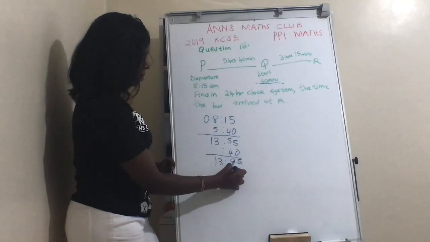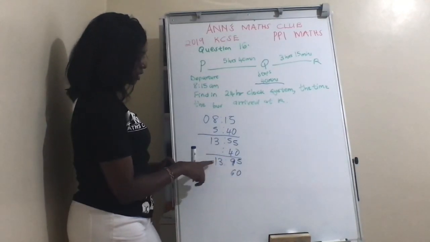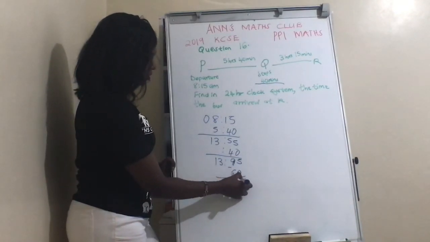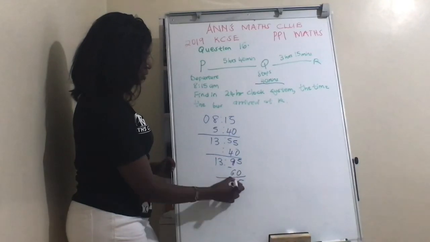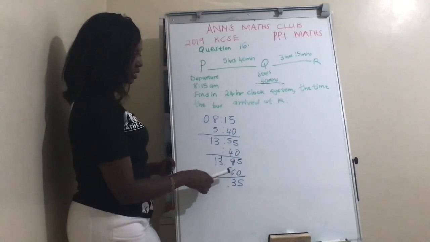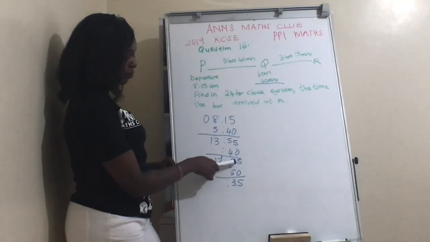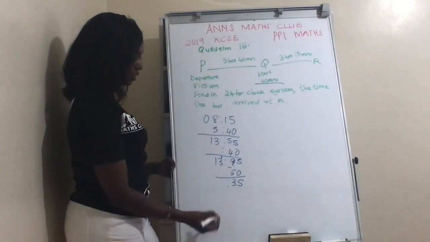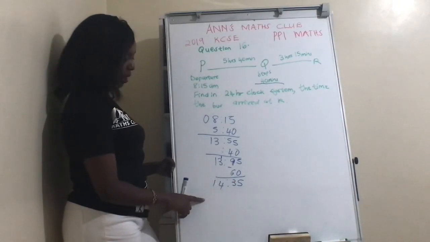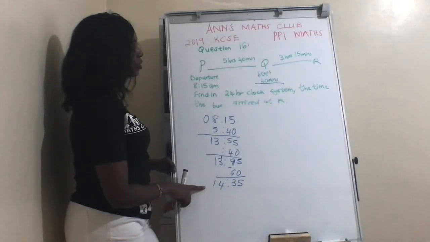So we subtract 60 and transfer the 1 hour to the other side. 5 minus 0 is 5, 9 minus 6 is 3, but we add 1 because we subtracted the 1 hour from the minute section and brought it to the hours. It becomes 14:35.